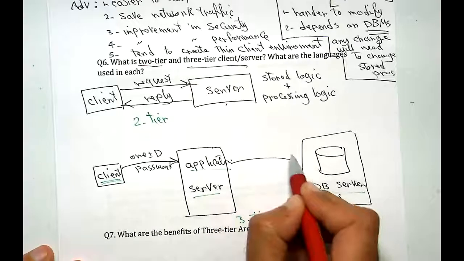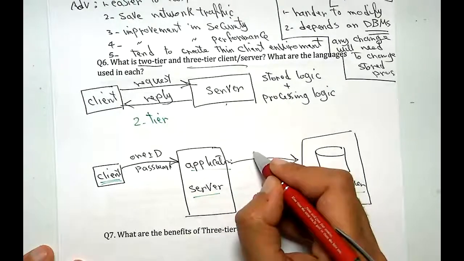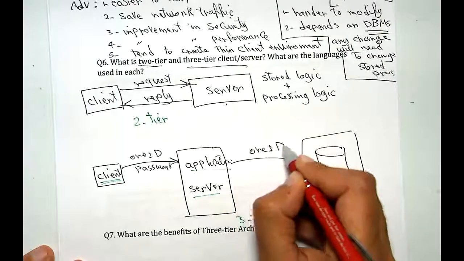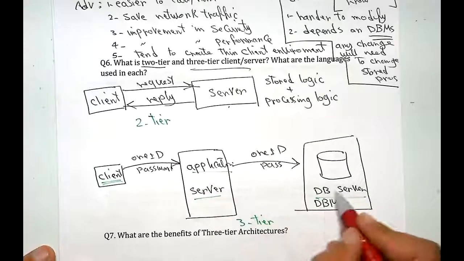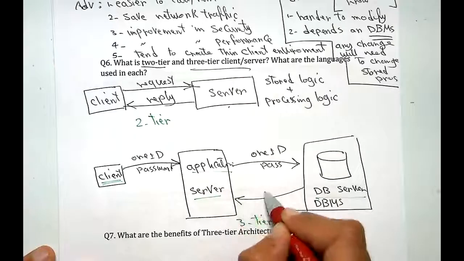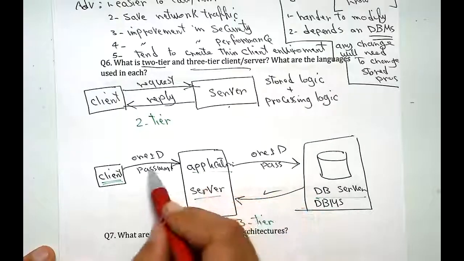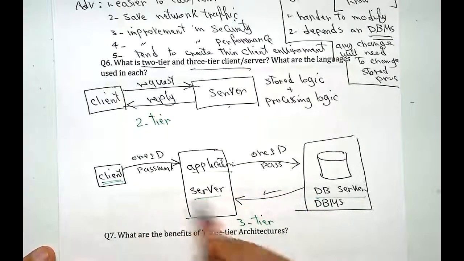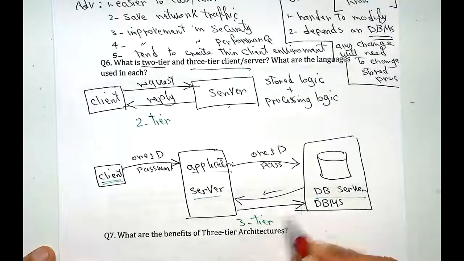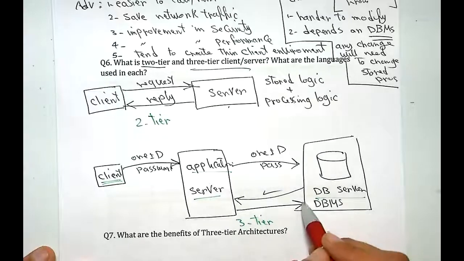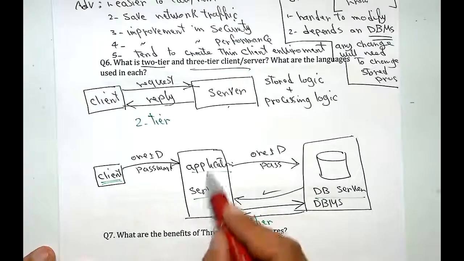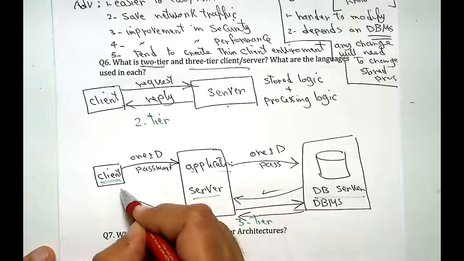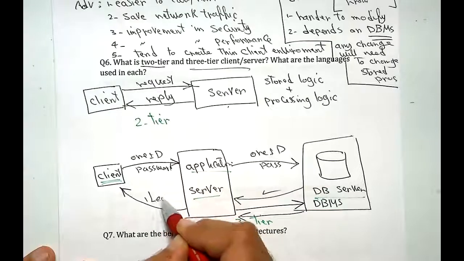So it will check with the Macquarie database: is this One ID and password correct? If they are correct, the database server will return yes. Then, if you log into iLearn, the student iLearn page is his profile or his page. The database will return your profile, your page, and then the application server will return your iLearn page.